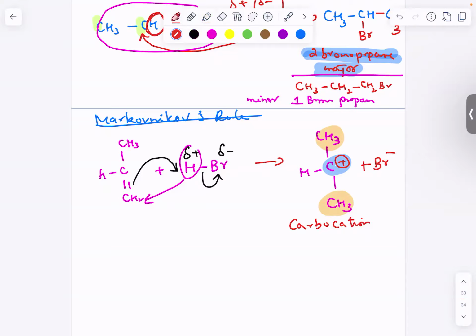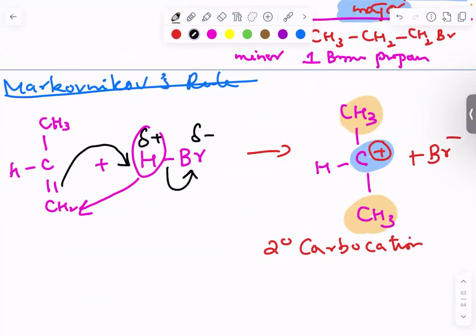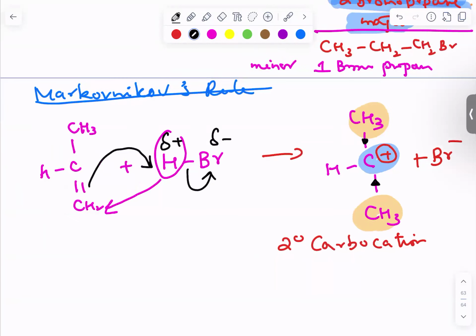And I hope that you know that a secondary carbocation is stronger, it has greater strength than a primary carbocation. Why? Because of the inductive effect. It is given in your book, so that's why I'm mentioning it like this. It is giving a positive inductive effect. You need to mention it like this; in your book, they have made it exactly like this. So this is due to the positive inductive effect.